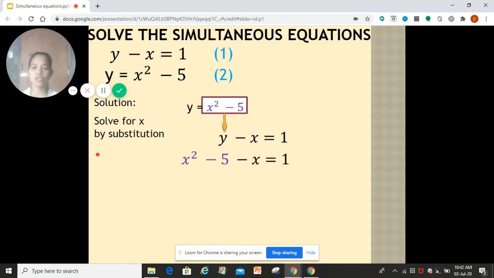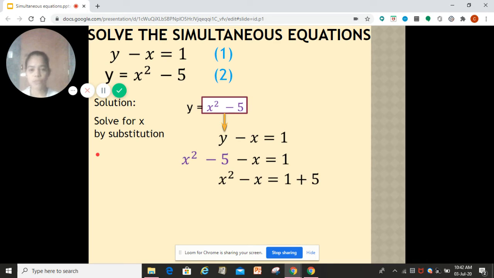We can now concentrate on the variable x and from there solve for its value. So you have x squared minus 5 minus x equals 1. We have similar terms here, which are negative 5 and positive 1, so we can combine them.